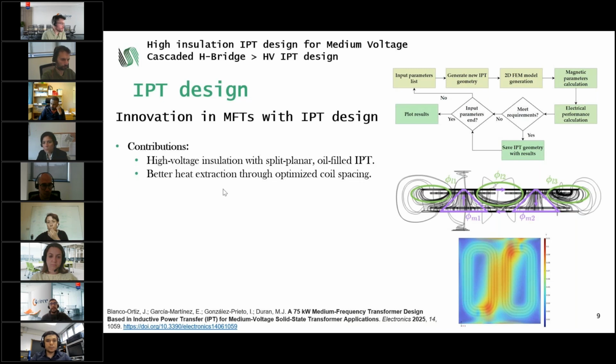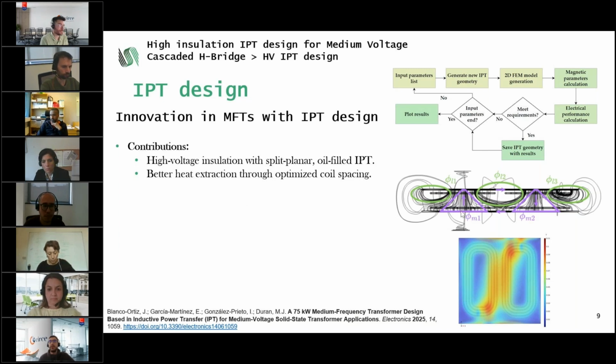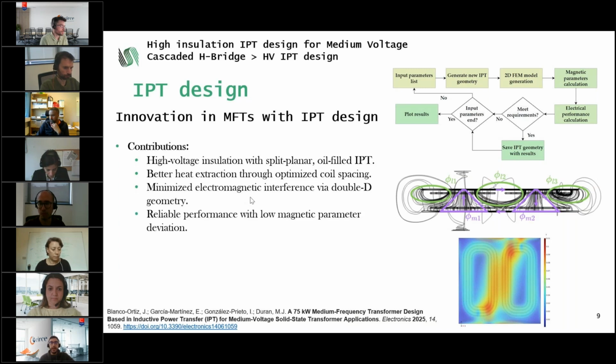Thanks to this design, it has better heat extraction, because we can remove the heat of the coils and also of the magnetic elements at every side of the IPT, keeping the isolation in the middle in this oil. Also, we minimize the electromagnetic interference thanks to this double D configuration, with reliable performance and low magnetic parameter deviation.